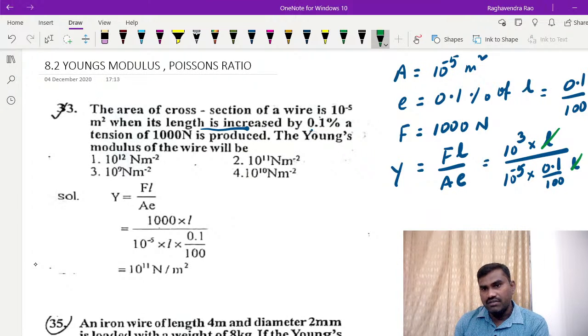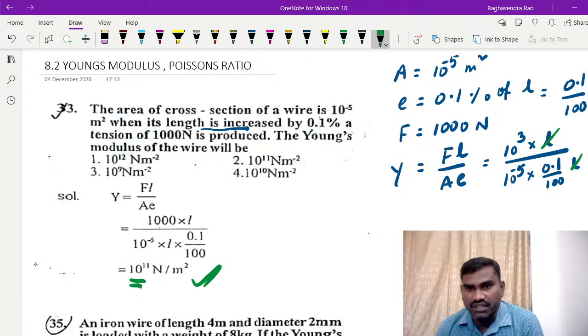So 10 power of 5 and 10 power of 5 gives 10 power of 10, and 1 by 10 of that means 10 power of 11 Newton per meter square. That is the Young's modulus of the wire. Elongation was given in terms of percentage.